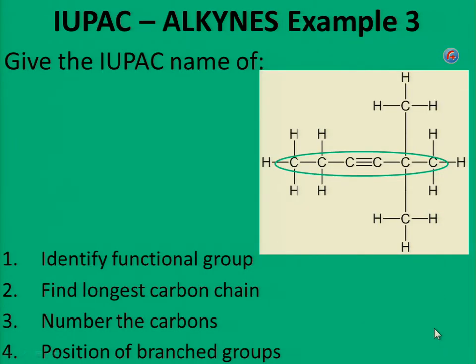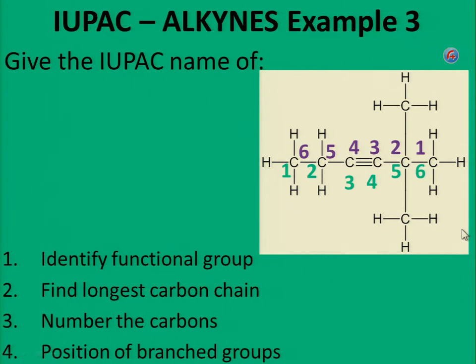Example 3. Give the IUPAC name for this molecule. The first step is always to identify your functional group. So this is again an alkyne because there is a triple bond. Now you find your longest carbon chain, and it doesn't matter how you count your carbons, it should be 1, 2, 3, 4, 5, 6 in the longest carbon chain.